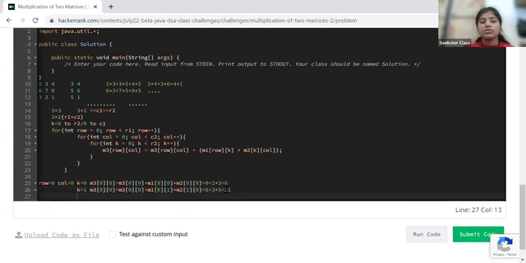अभी क्या होगा? k की वैल्यू 2 हो जाएगी. Still k is lesser than r2. You can say either r2 or you can either say c1. ठीक है, कुछ भी you can write. Now what will happen is matrix 3 of 0, 0 you will go to the same row column value. Row column fixed है इसलिए matrix of 0, 0 fixed होगा. अभी क्या you are writing? जो भी 0, 0 पे पड़ा है उसमें क्या ऐड कर दो? मैट्रिक्स ऑफ 1 का 0, 2, 0, 2 मतलब 0th रो एंड सेकेंड कॉलम मल्टीप्लाइड विथ व्हाट? m2 ऑफ 2, 0, 2, 0. इस 4 को इस 5 से मल्टीप्लाई कर दो.